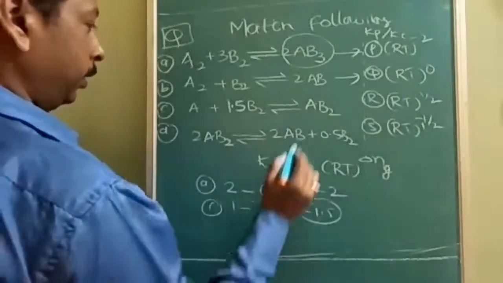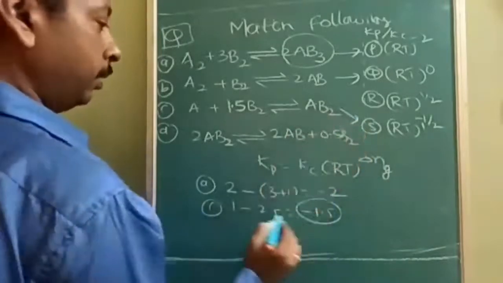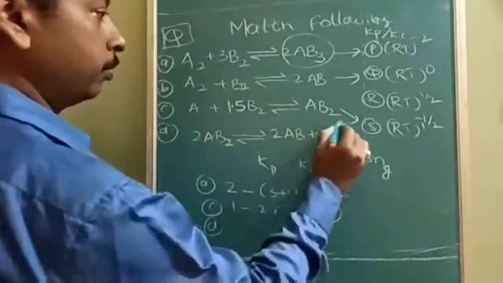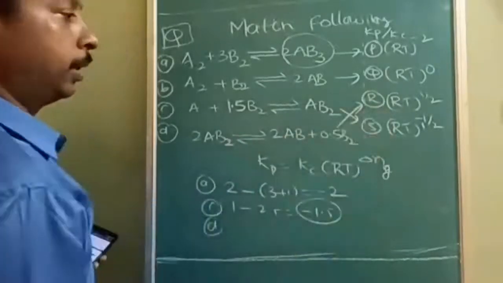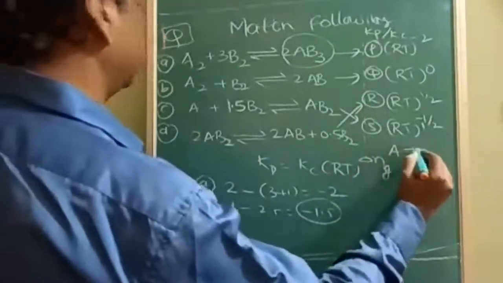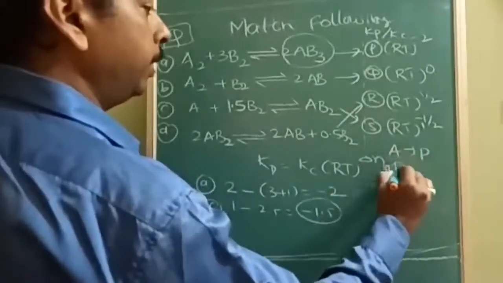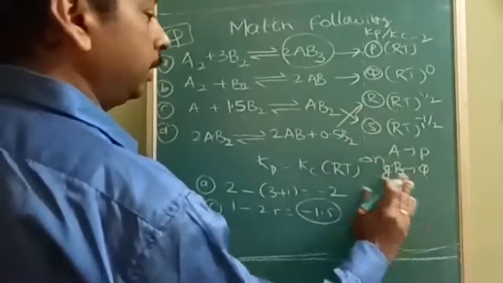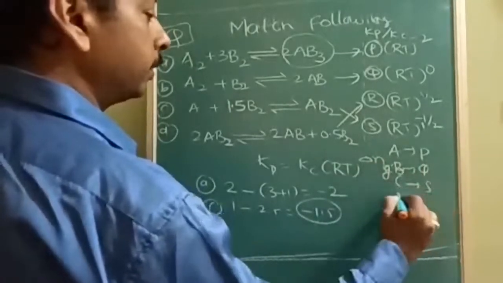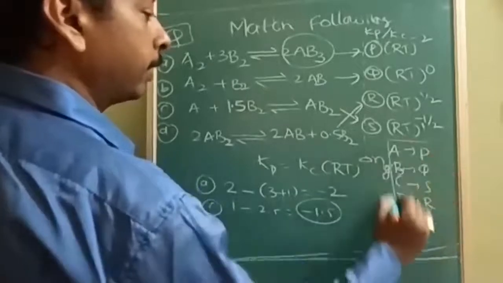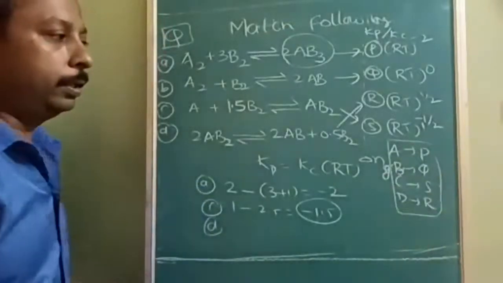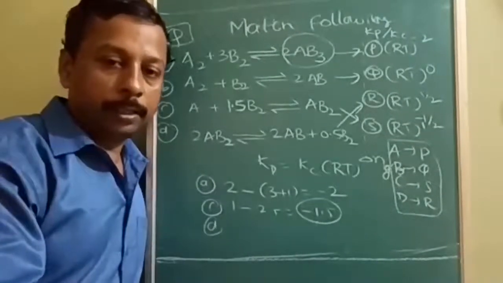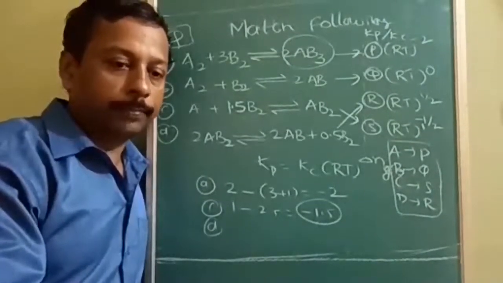So C will be S, and obviously D option is 2.5 minus 2 plus half. So the answers are A is P, B is Q, C is S, D is R. A, B, C, D: P, Q, S, R. Sai Deepak, you got it wrong.